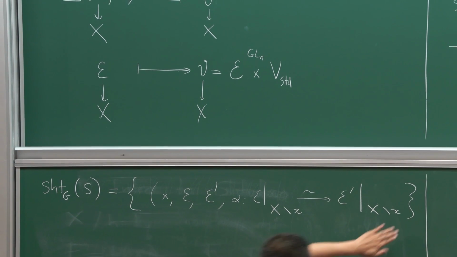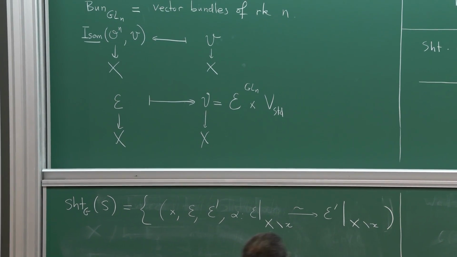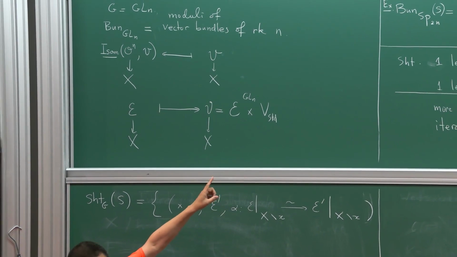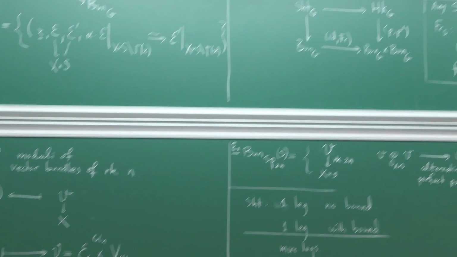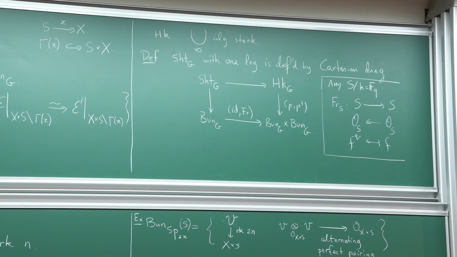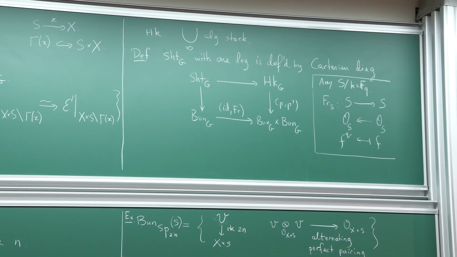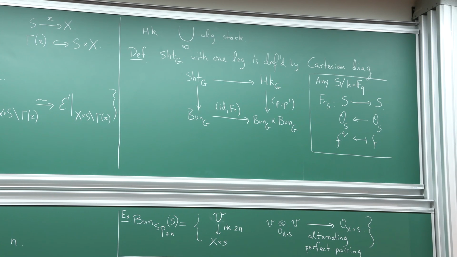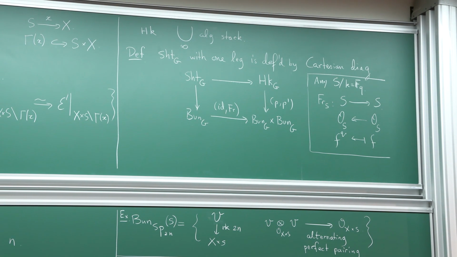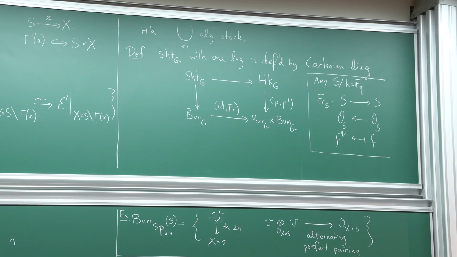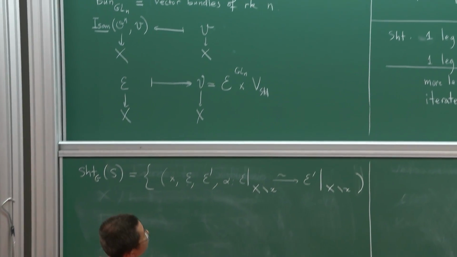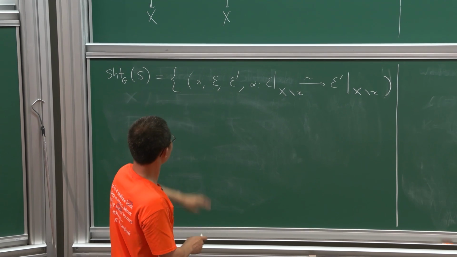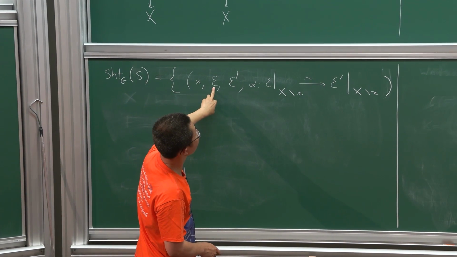This is only the data given to you by the Hecke part. And then that automatically gives you 2 bundles, mapping to the lower right corner. Then on the lower left corner, you have another bundle, which is not a new bundle. It's just the first bundle here, because it's identical to the first factor.